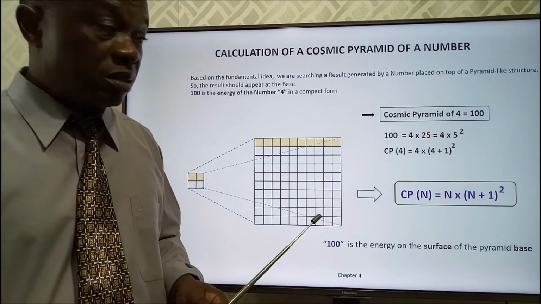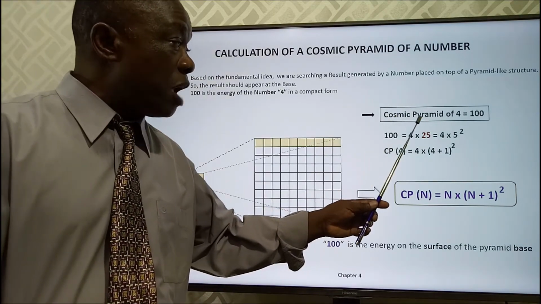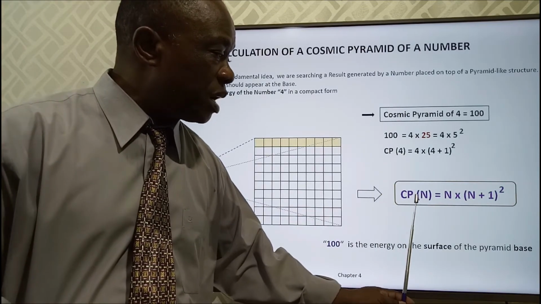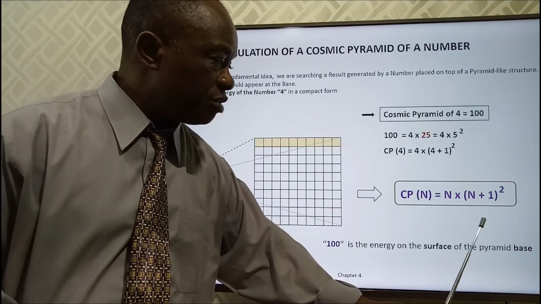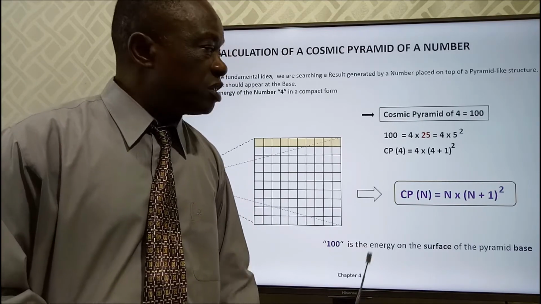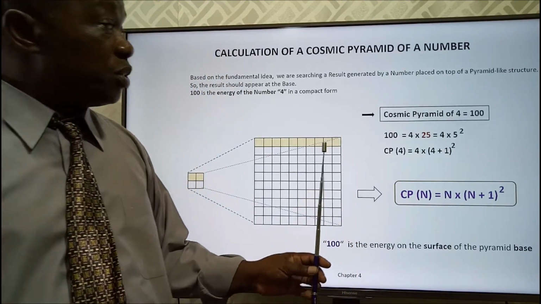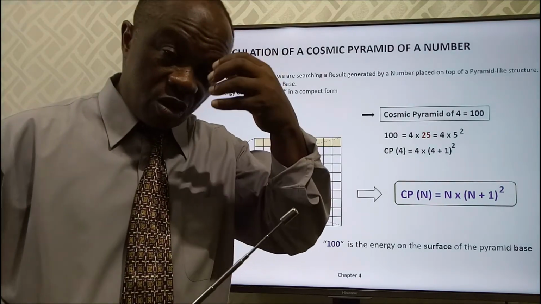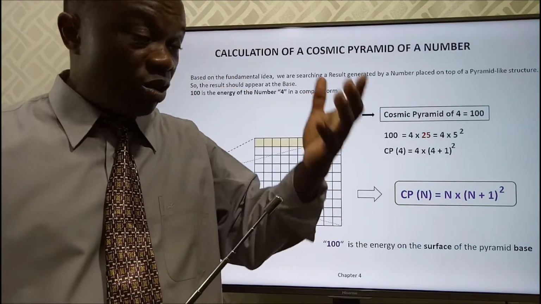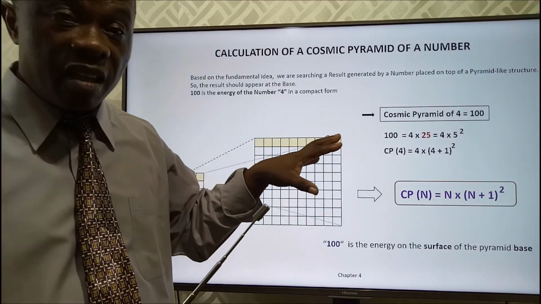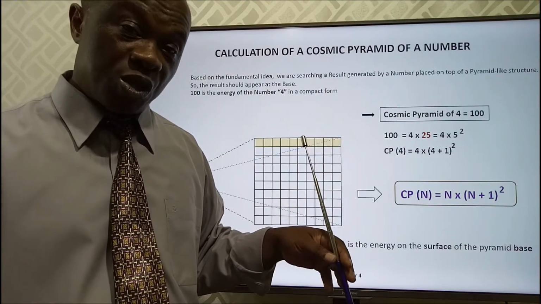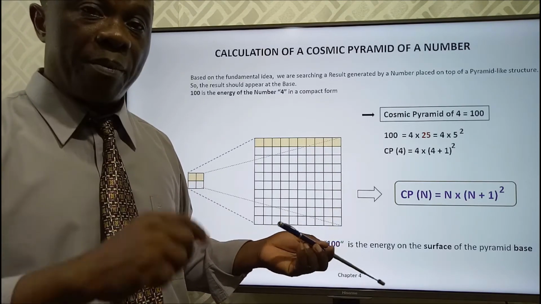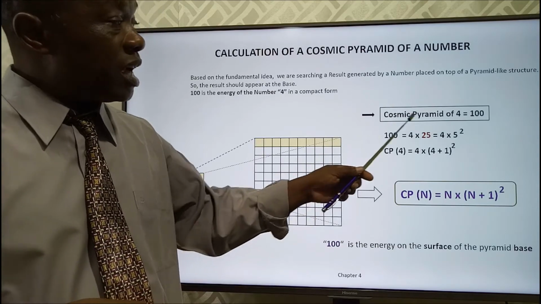And as a formula, I gave it the name of cosmic pyramid. This is the cosmic pyramid of 4, the CP of number 4. That's a CP because for me, when I was going through finding all these things, what I was seeing is a pyramid. And later, it will transpire here. Don't worry, it will come. That's why I still maintain this name.